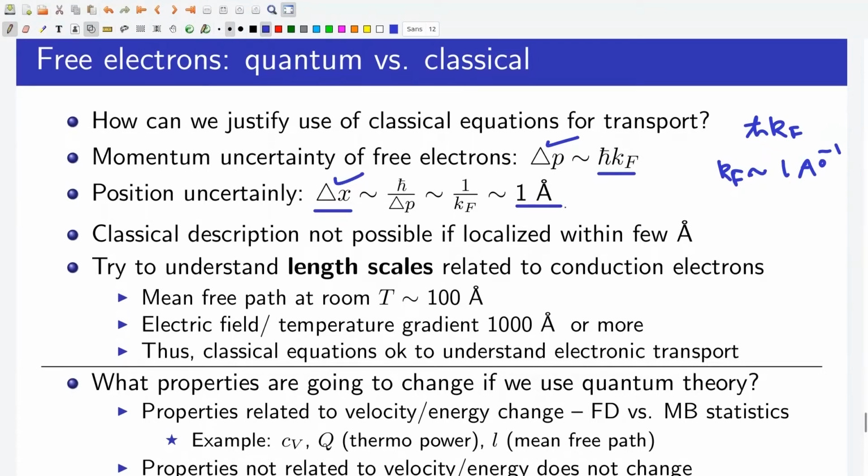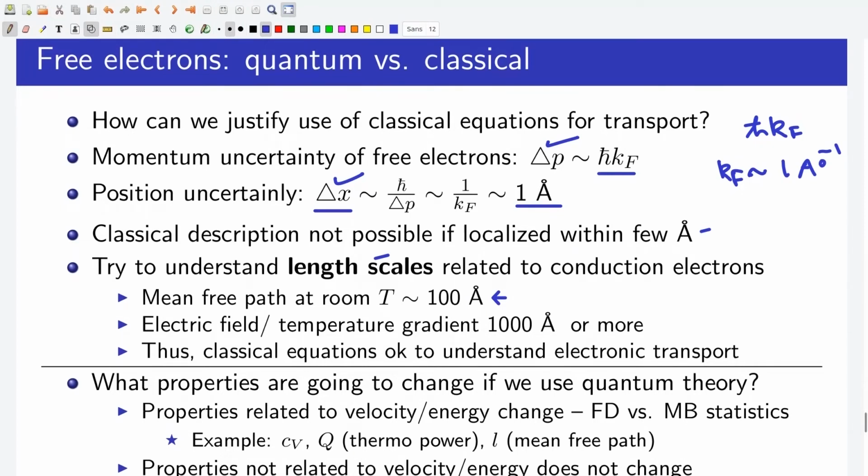Now this implies that the classical description is not possible if the electron is localized within some region which is of the order of 1 angstrom. In that case, we have to actually use the quantum description. But let us understand the length scales related to conduction electrons. The mean free path at room temperature is of the order of 100 angstrom, which is much greater than this 1 angstrom.